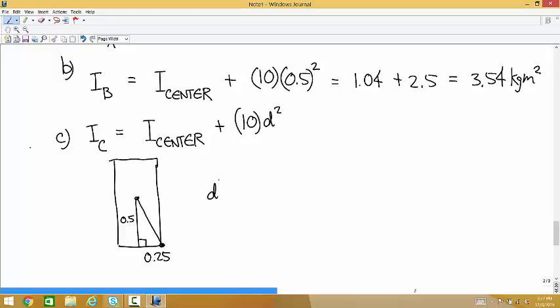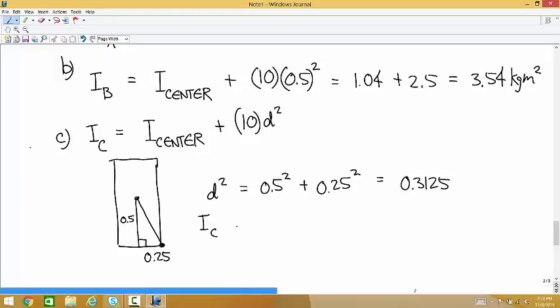And so the distance squared is equal to 0.5 squared plus 0.25 squared, which is, what's that, 0.375? No. 0.3125.